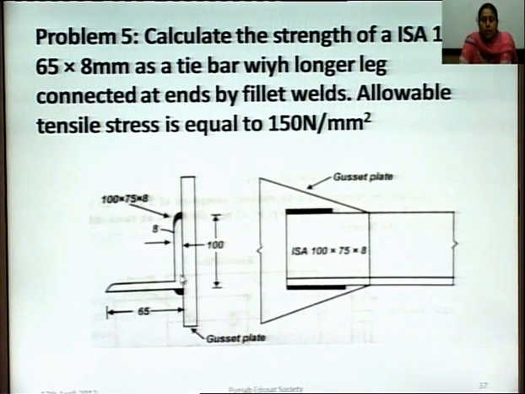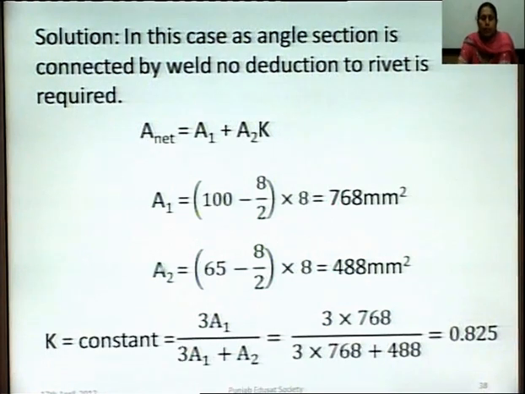In this case we will not deduct D, because we have not made any hole. So, in this case A1 will be length of the member minus half thickness into thickness of the member. That is we will not deduct the dia of the rivet as there is no riveting. So, A2 will be same, length of the outstanding leg minus half thickness into thickness.